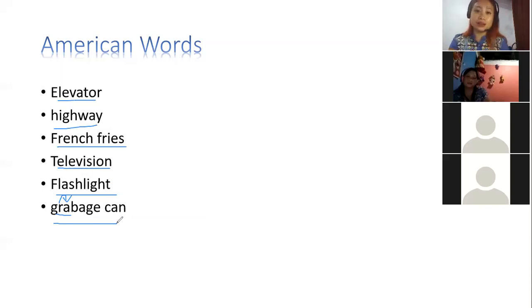Not the other words that you know. What other words do you know that have the same meaning as garbage can? Rubbish bin, garbage bin, trash can, trash bin, right?